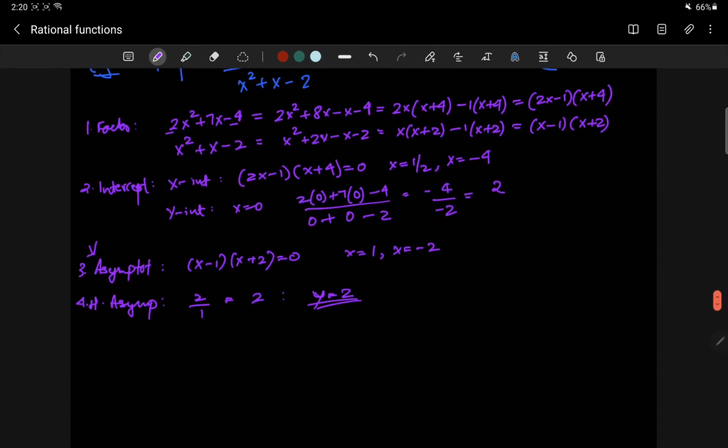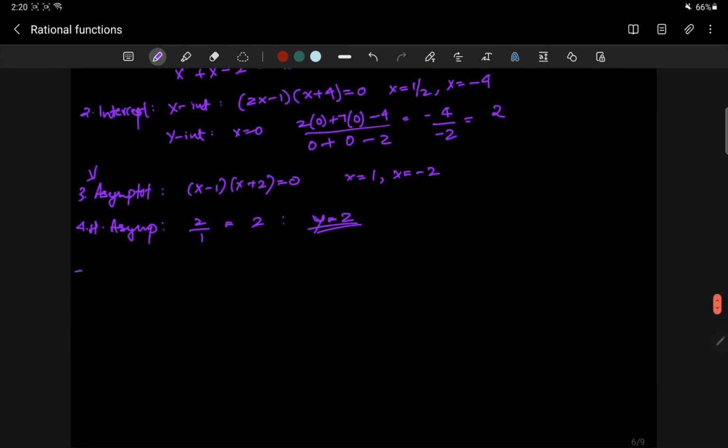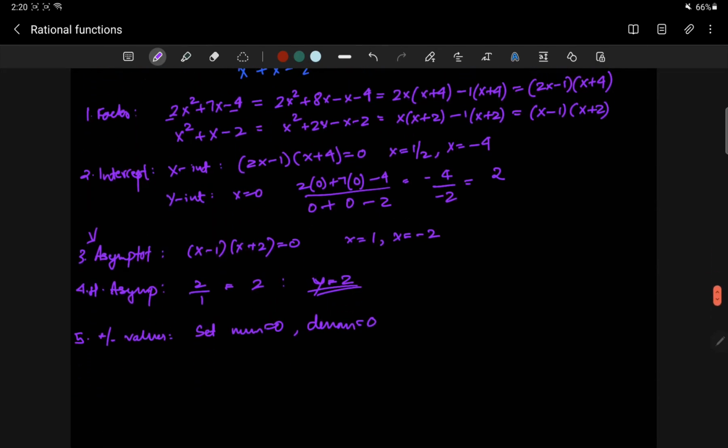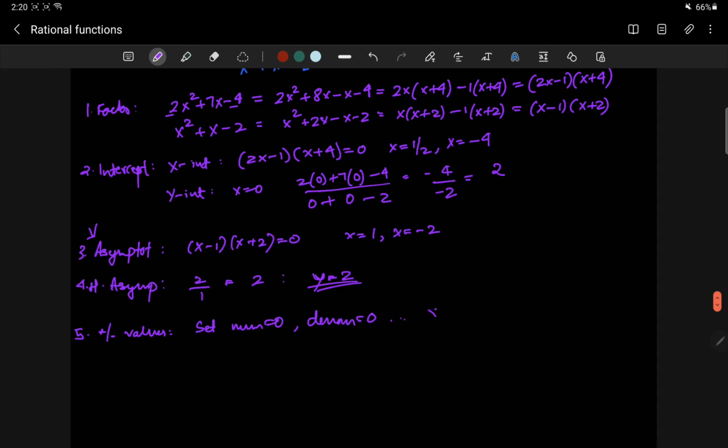Now the fifth one is new, plus minus values. What we do is, we set the numerator equal to 0 and the denominator equal to 0. But we've already done that, right? So that gives me x is 1/2, x is -4, x is 1, x is -2.